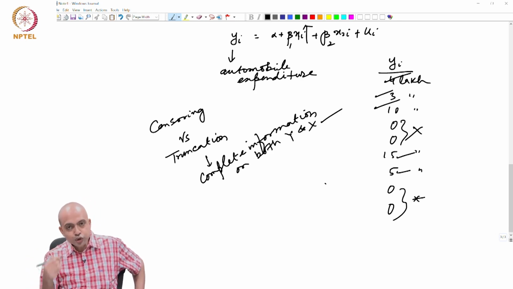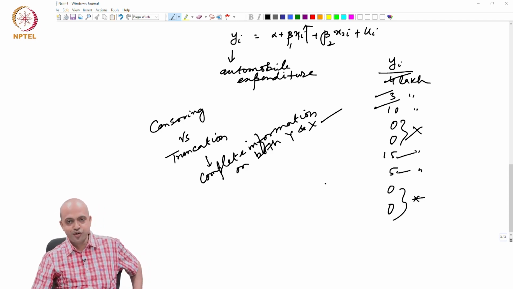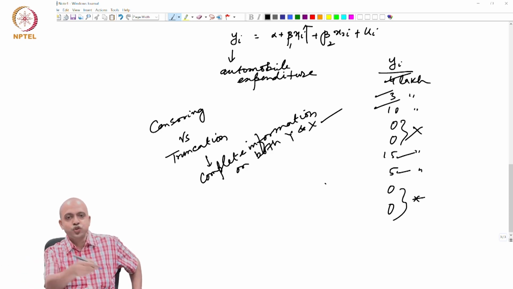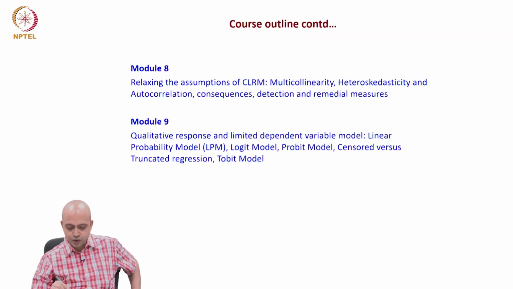Then we will also discuss how the estimated coefficients are not a direct measure of marginal effect like the standard econometric model. And the goodness of fit measure is also quite different in the context of probabilistic models as compared to the standard econometric model.